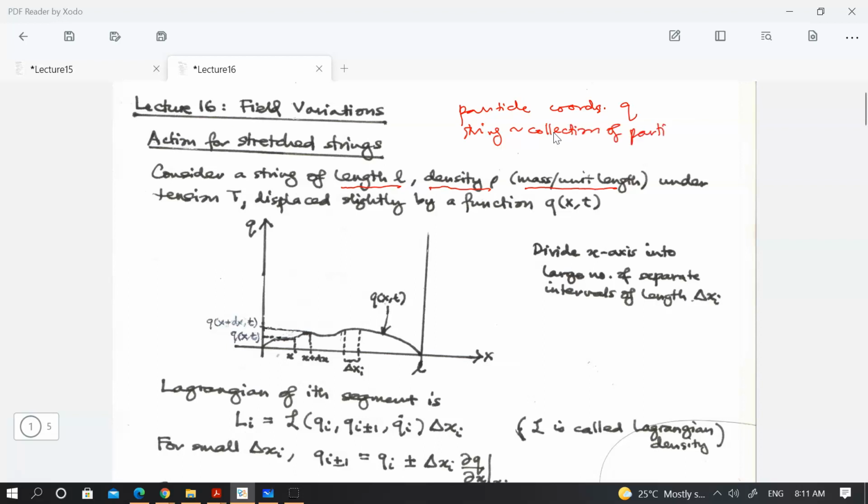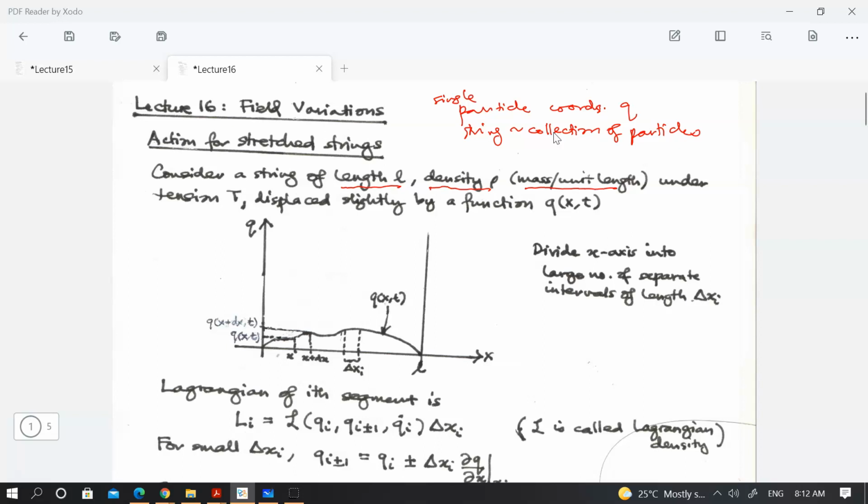We need to be able to describe each of these particles in the string in a way that each particle is given a unique position coordinate, just like your particle. But a particle here is a point particle, so there's only one particle involved, a single particle. Here there will be a collection of particles. How we're going to describe this collection is to do a kind of approximation.